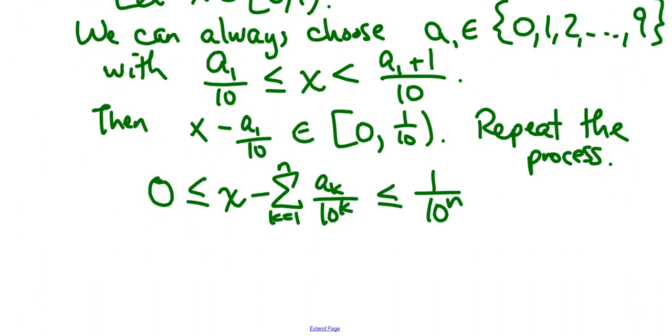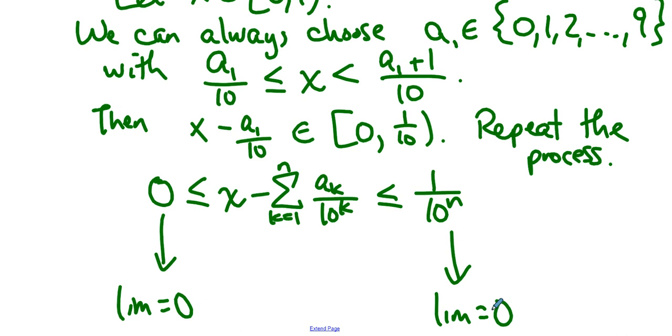Well, in Calculus 1, they taught us that if this has a limit of 0 as n gets large, and this has a limit of 0 as n gets large, then the squeeze theorem says that this has a limit of 0 as n gets large. And so by the squeeze theorem, this goes to 0.